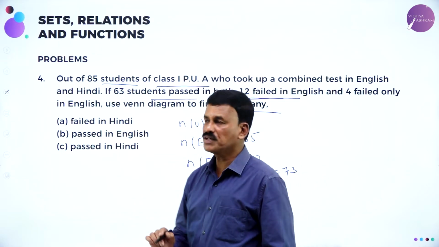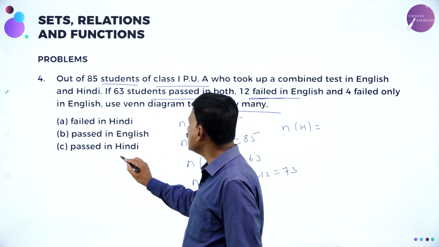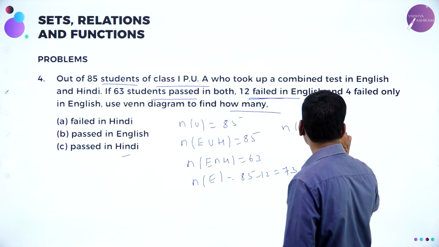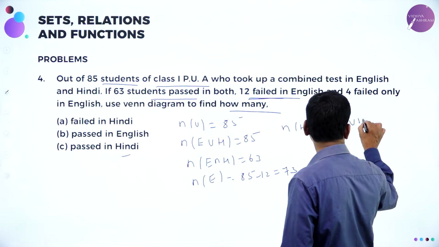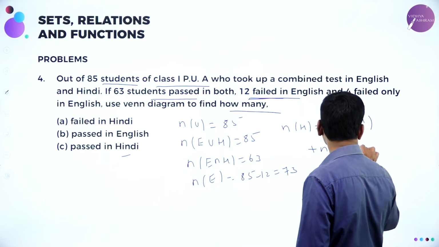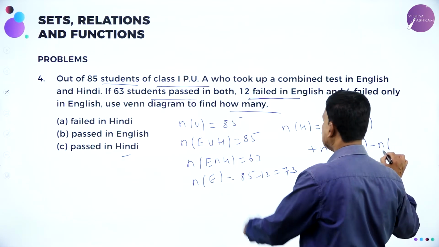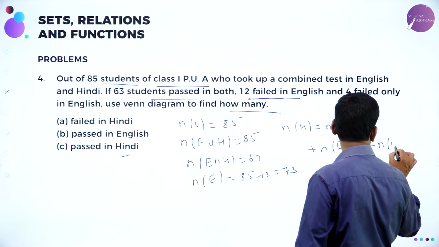Okay. Now let us find out N of H, the number of students who passed in Hindi. N of H is equal to N of E union H plus N of E intersection H minus N of E, the number of students who passed in English.